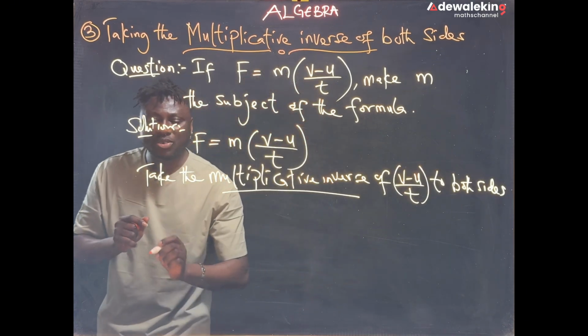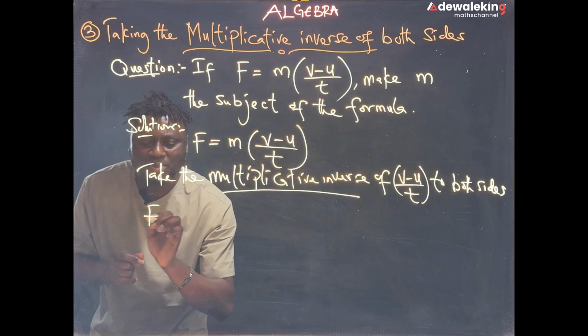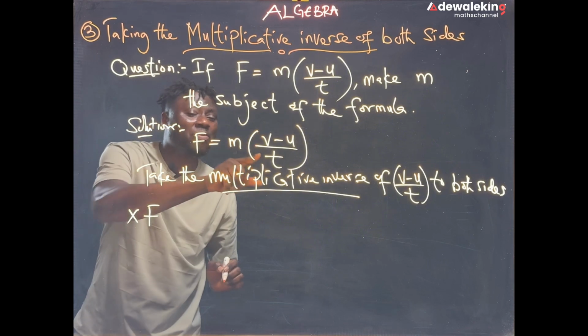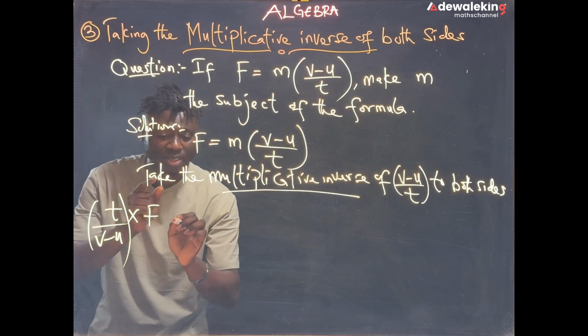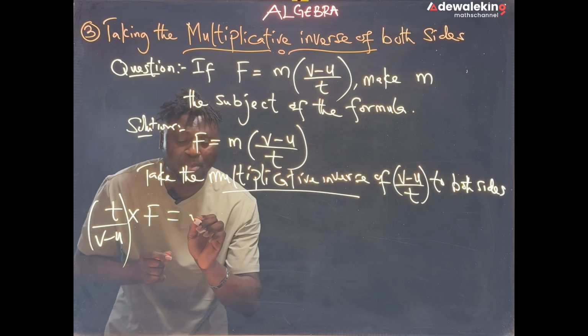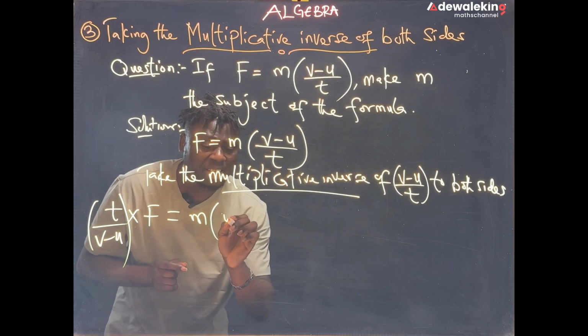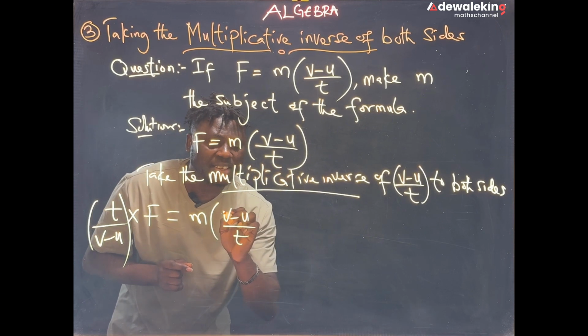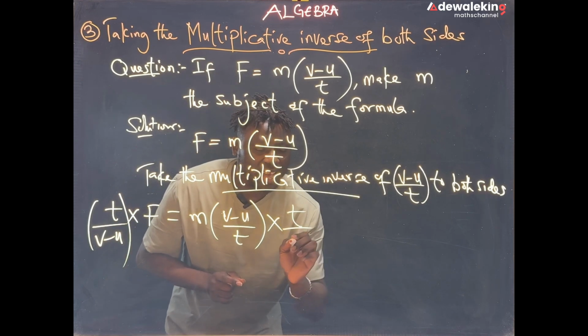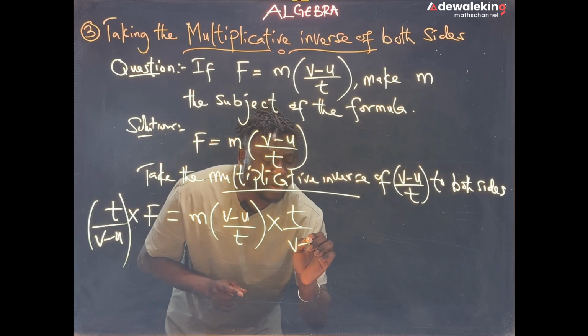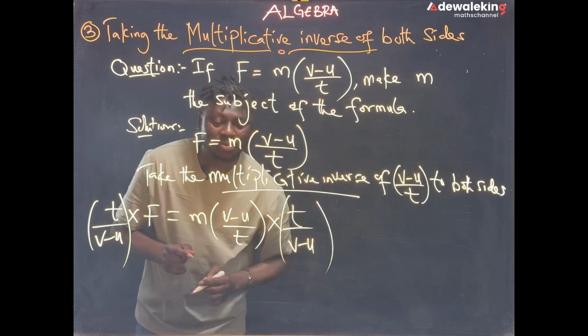So the next step, you say f multiplied by the inverse of this, which is t over v minus u, is equal to this m, v minus u over t. Then you multiply the inverse of this as t divided by v minus u.